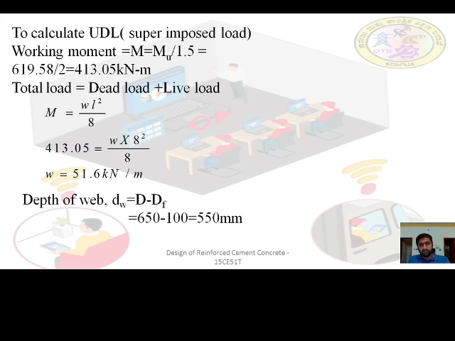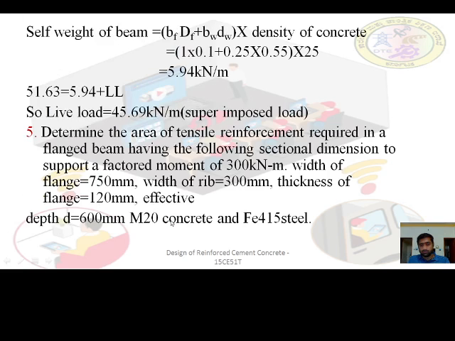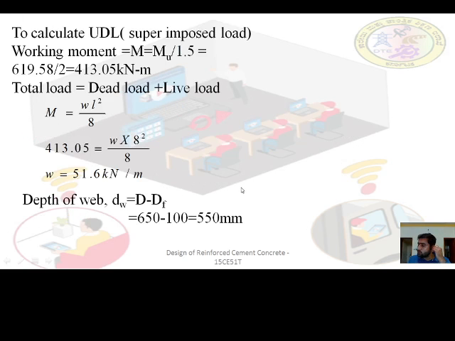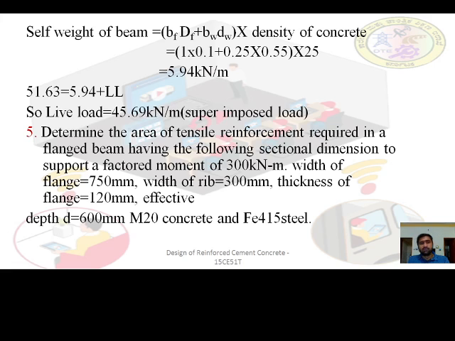Depth of web is this much. So depth of web is total depth minus the depth of the flange. Now we are calculating the self weight of the beam.